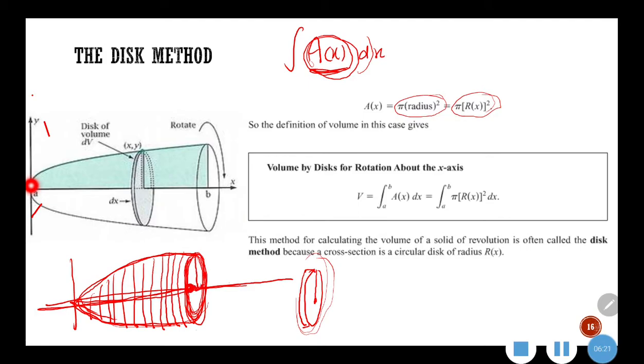Okay, the curve that covers this volume is our arc, not height, is our arc, the radius. So by knowing this radius, you may get the area of the surface here.